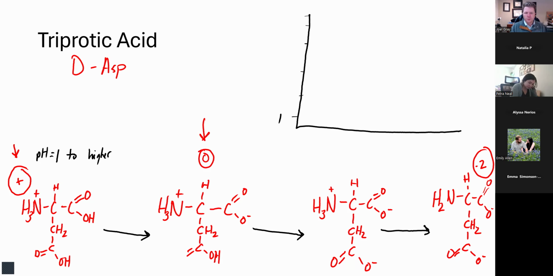And then this form of the molecule right here that I put a circle that I haven't added anything into, that's -1. So those are our possible charges of this molecule.